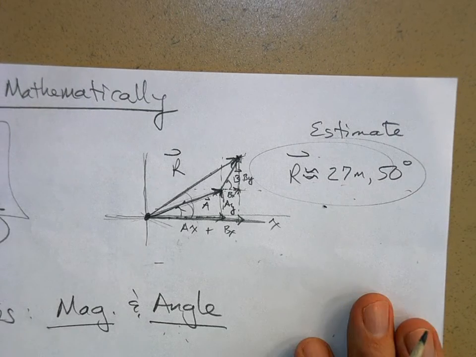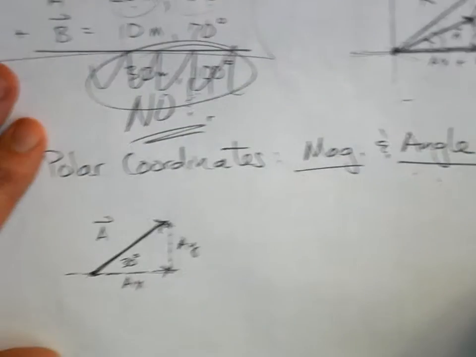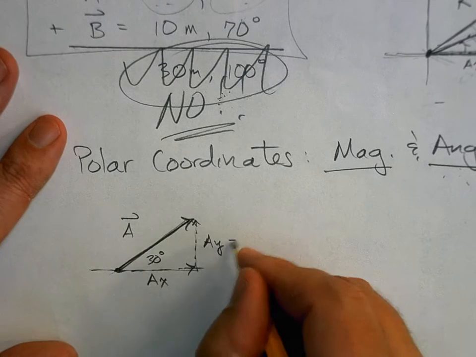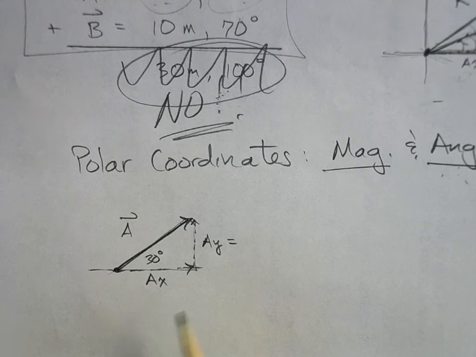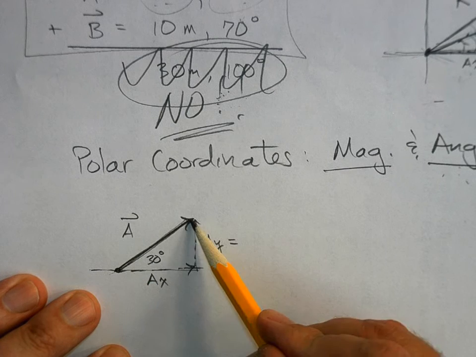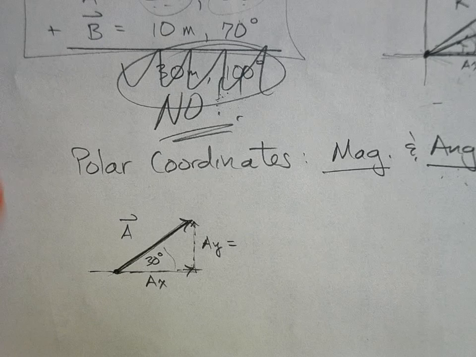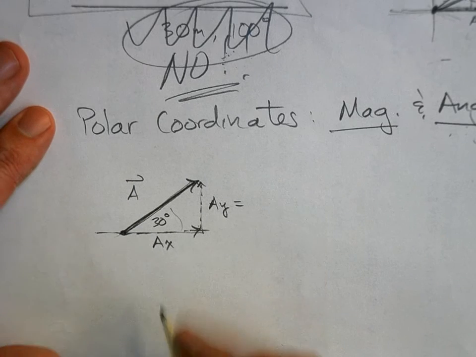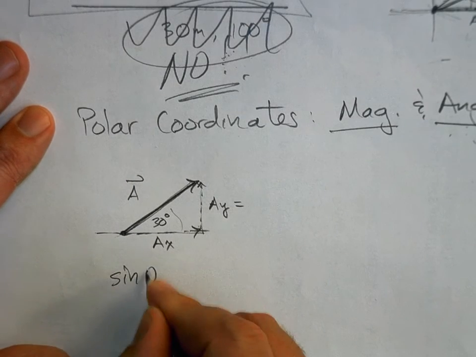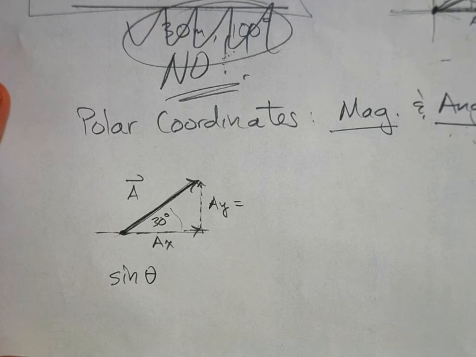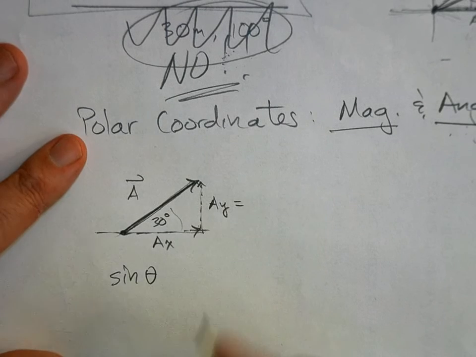How do I do that? Well, let's go back to this picture. What involves the magnitude, the angle, and the opposite leg? Sine theta. Do you remember sine theta? Have you done sine and cosine? I hope so.